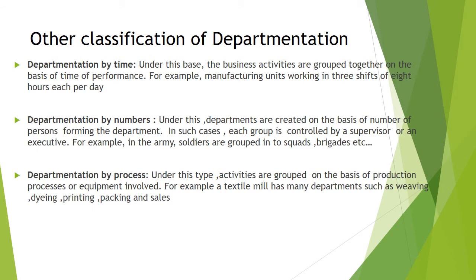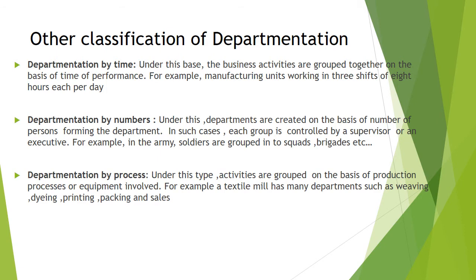Next, departmentation by numbers. Here, departments are created on the basis of the number of persons forming the department. And in such cases, each group is controlled by a supervisor or an executive.